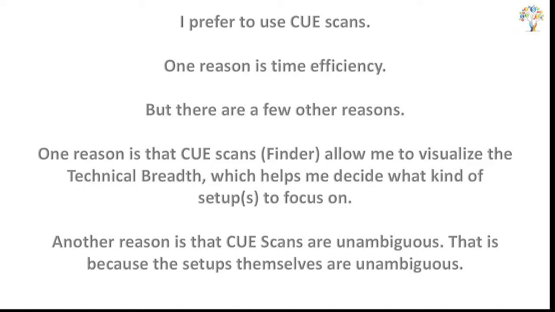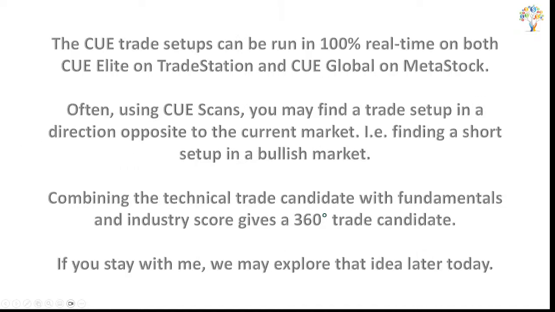That is because the setups themselves are unambiguous in Q systems. The Q trade setups can be run in 100% real time on both Q Elite on TradeStation and Q Global on Metastock.